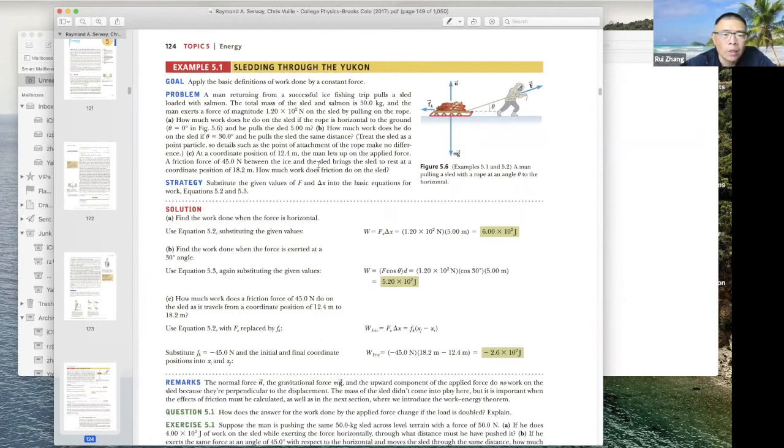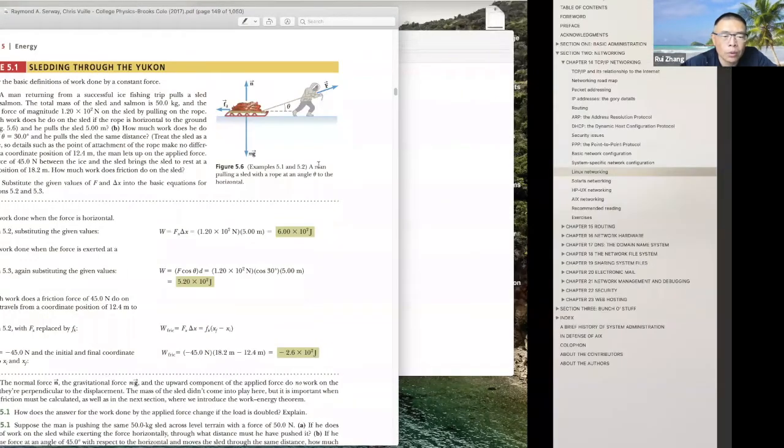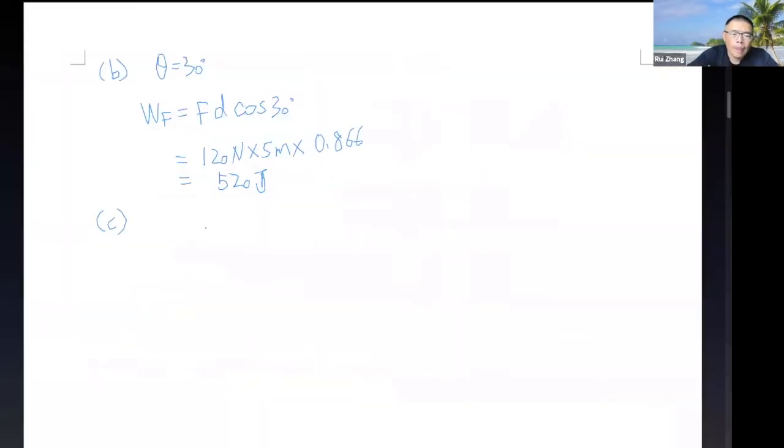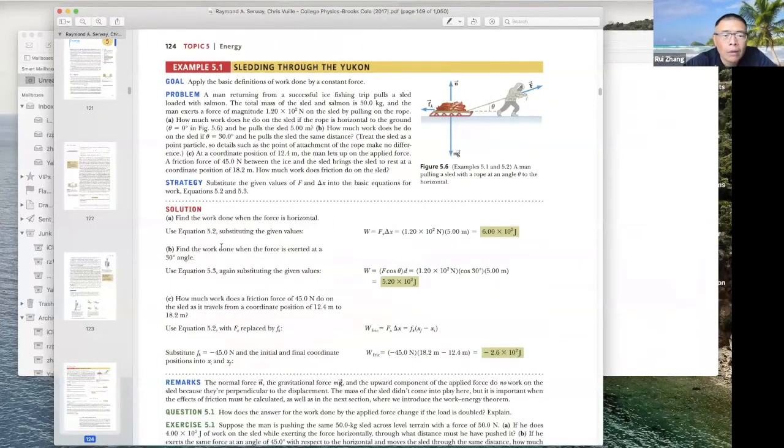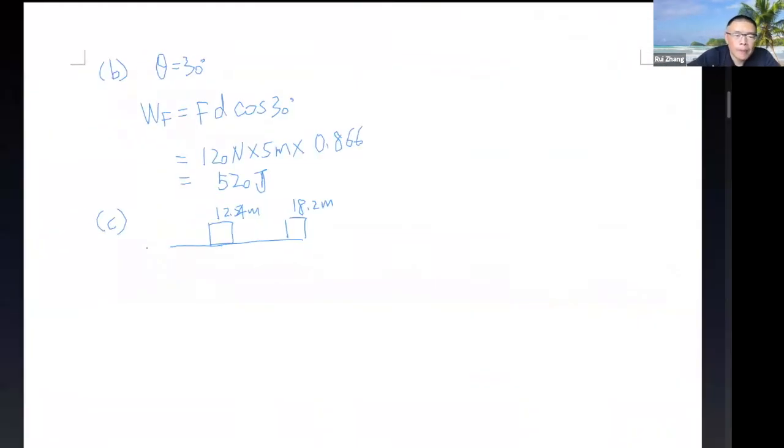So 12.4, 18.2, and then the friction is 45 Newton.